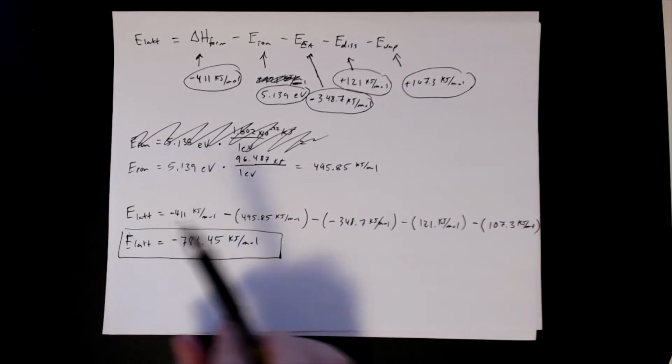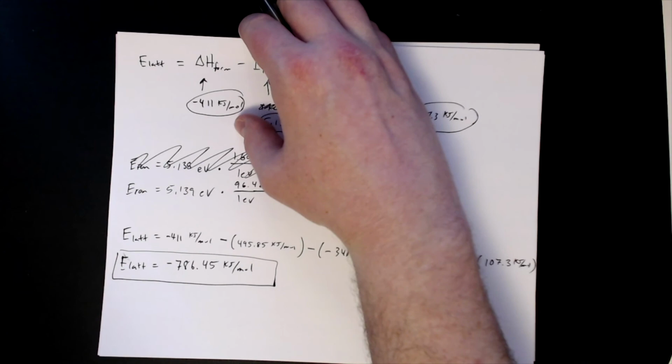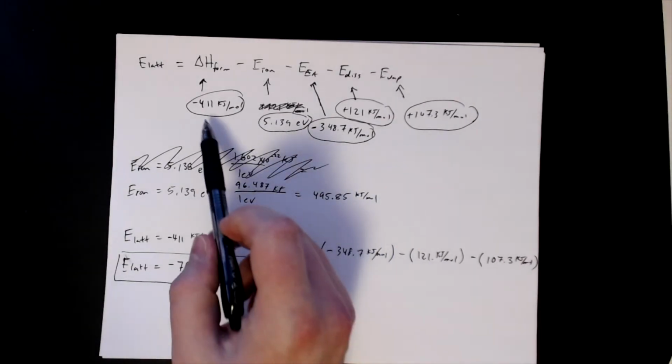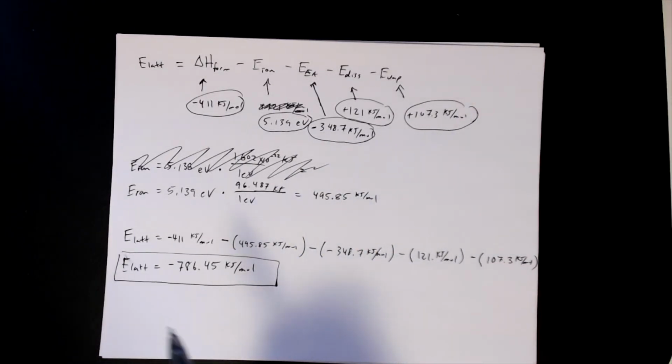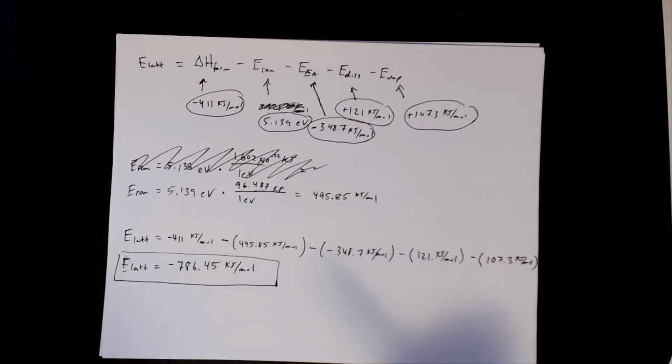All of the values that we calculated for the Born-Haber cycle are empirical expressions, so we're not assuming and using a model for it. There's a discrepancy of about 35, and that can be due to that.